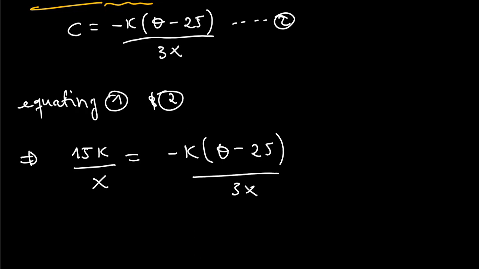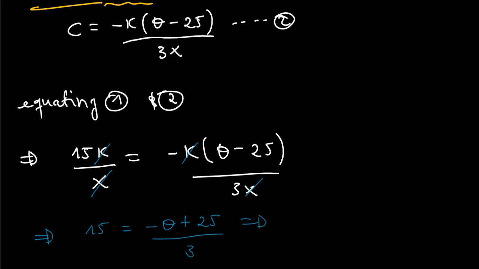And so we realize that K will simplify with K, x will simplify with x. What will be left is 15 equal to, expanding the brackets, negative theta plus 25, all of that divided by 3.